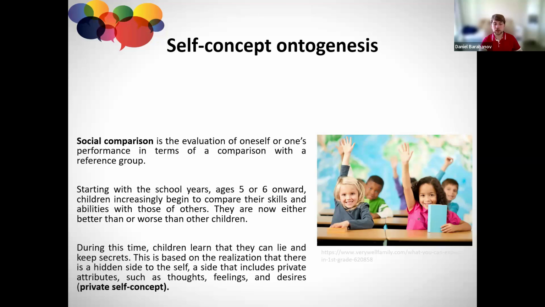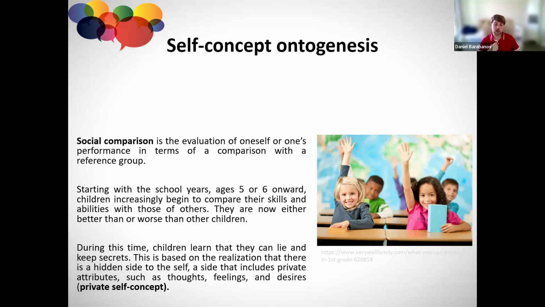During this time, children also learn that they can actually lie to other people. They can not only tell the truth, but they can lie or keep secrets, so hide the truth. And actually, it creates more possible combinations of how they can present themselves and what they can think about themselves, including forming so-called private self-concept.